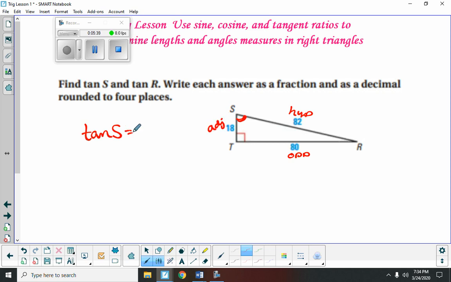So the tangent of S is opposite over adjacent. So the opposite is 80, the adjacent is 18, and we always reduce our fractions. And so that would be 40 over 9.